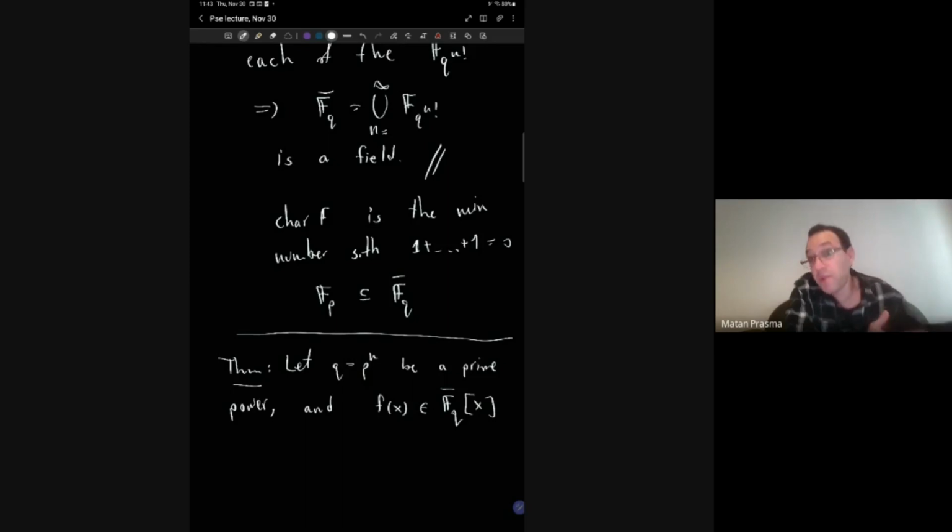We just proved that the algebraic closure is a field, so I can take a polynomial over this field. Then f splits into linear factors.